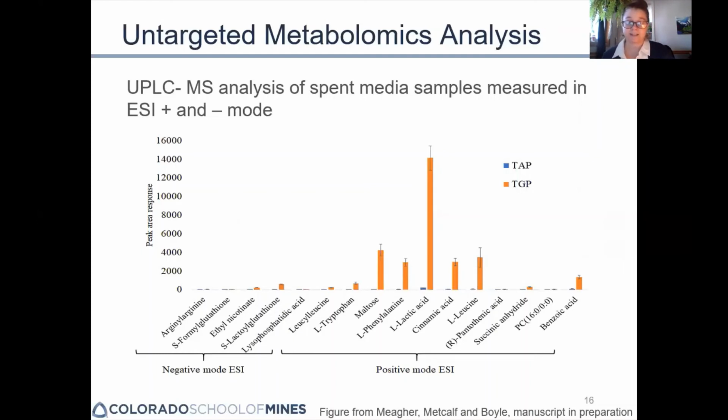The size of the lactic acid peak, only present in the TGP cultures, indicates that lactic acid was indeed being secreted to the media. Additionally, a lactic acid enzymatic assay kit was used to then verify the presence of lactate in cultures grown on glucose. Through these two independent methods of analysis, lactic acid excretion was then confirmed.